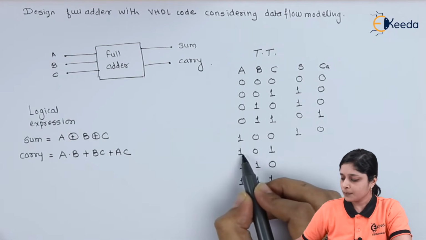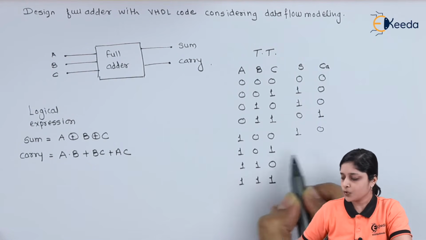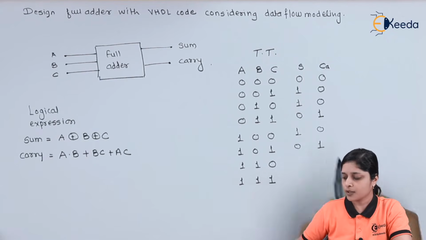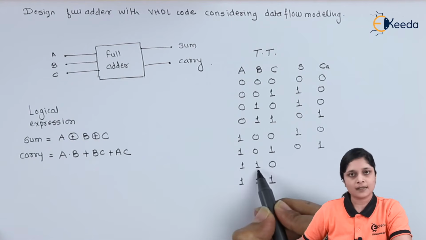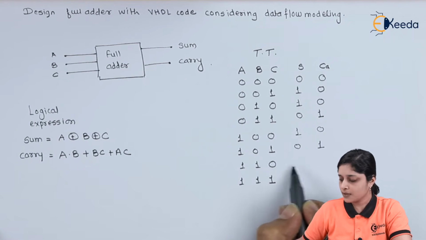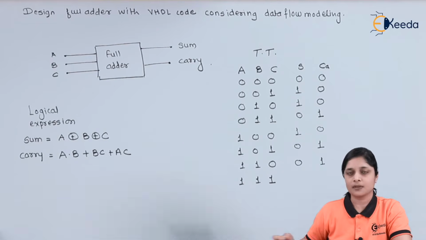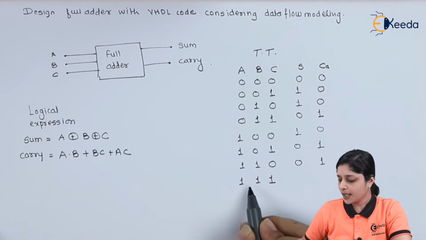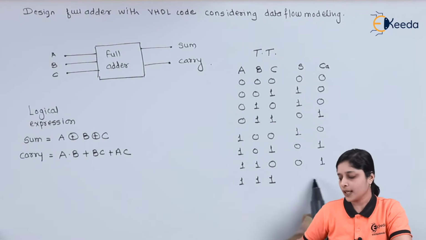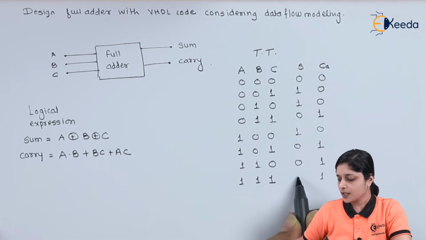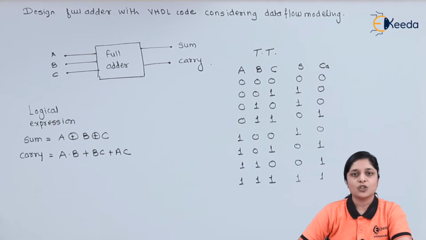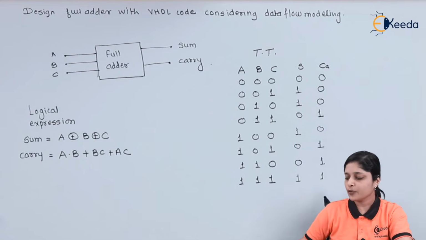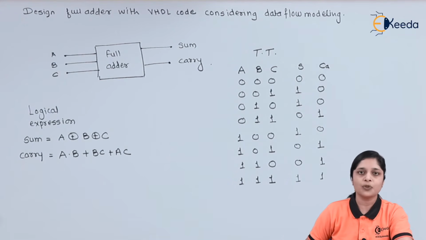Again 1 plus 0 is 1, 1 plus 1 is 0, carry 1. After that 1 plus 1 is 0, carry 1, and 0 plus 0 is 0, carry is 1. Then 1 plus 1 is 0, carry 1, and 0 plus 1 is 1. So finally you get 1 for sum and 1 for carry. In this way you have to complete the truth table for the full adder.